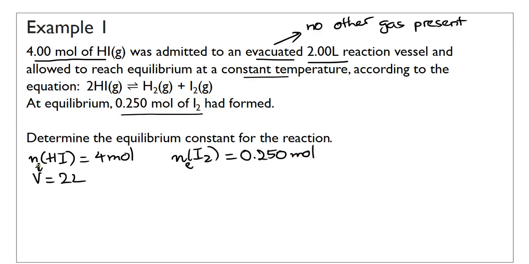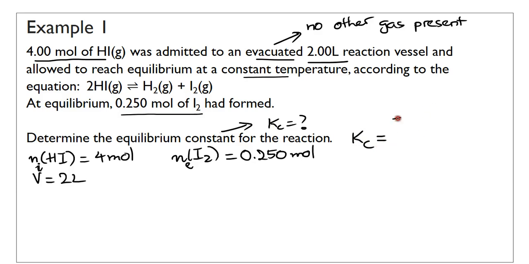Okay, so you have the initial amount of the reactant and you have the equilibrium amount of one of the products. The question asks you to determine the equilibrium constant, so I'm after Kc for this reaction. Now I guess the starting point here is to start with the unknown, which is Kc. In order to calculate Kc, I'm just going to write the expression here.